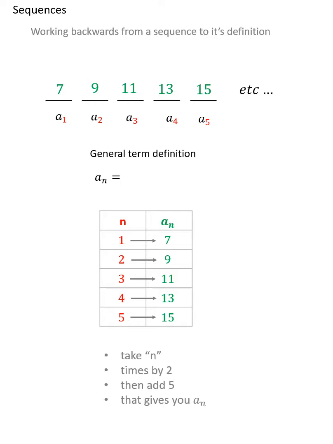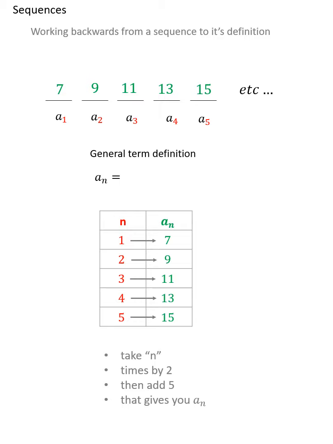Here's what you may or may not have noticed about this process. If you were to take any n value, multiply it by 2, then add 5, that gives you the term value a sub n. If you need to hit pause and convince yourself that this is actually true, I recommend doing that.